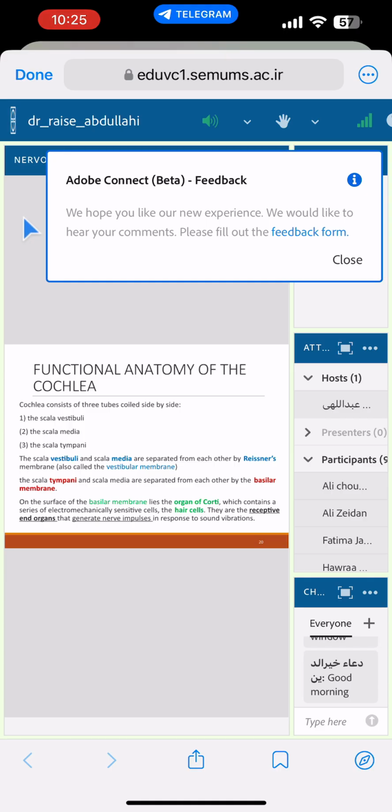On the surface of the basilar membrane we have the organ of Corti, whose hair cells generate nerve impulses in response to sound vibration.